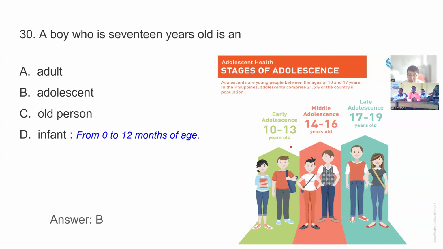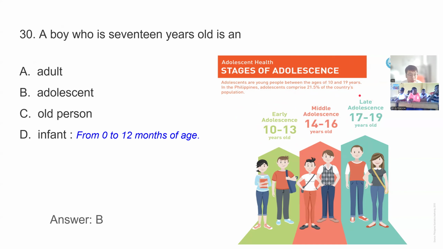Here, the stages of adolescence include from 10 to 13, early adolescent. From 14 to 16 years old, middle adolescent. And from 17 to 19, late adolescence.